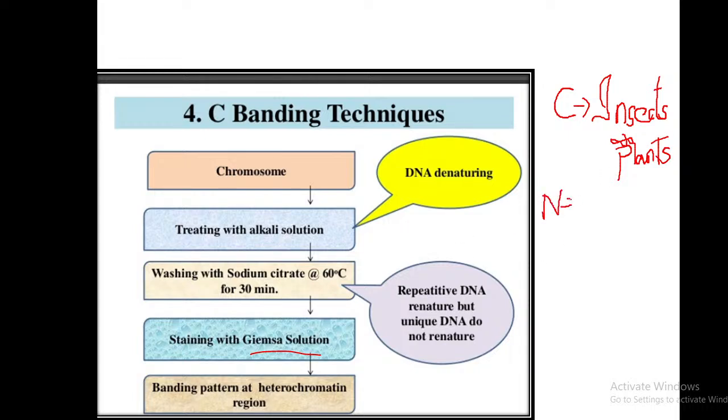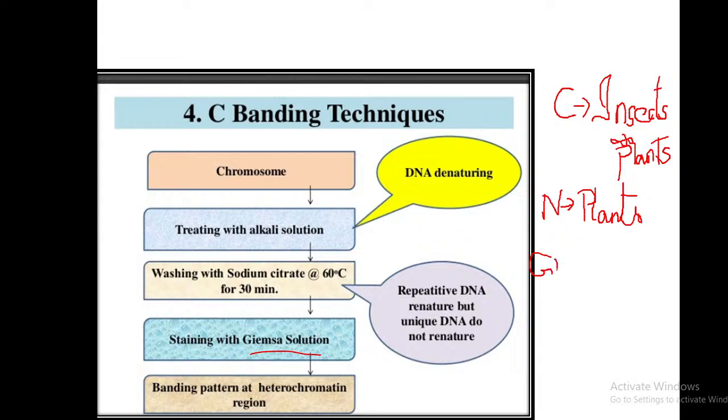N is mostly the most preferable type of staining pattern for the plants. Then G and Q: G is GMSA staining and Q is used in case of human beings.